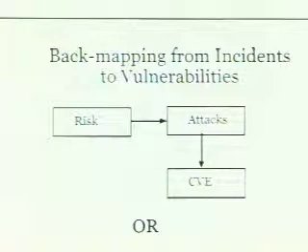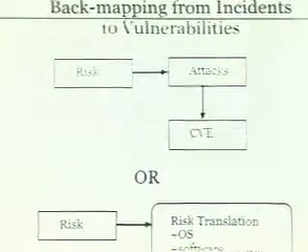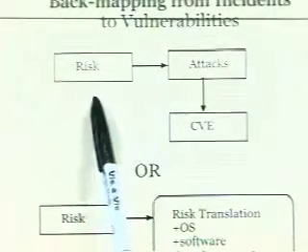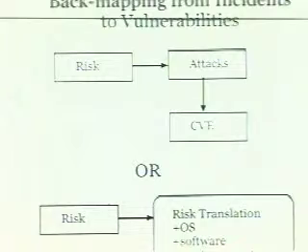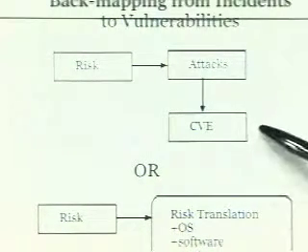Okay, so you've got an incident and you've worked out what happened a little bit during the incident, and you want to find out what was the vulnerability that was used, to plug it, to close the hole. So there are two ways that you can do it with this incident response database. The first one is, if you know the risk, then you can query the database for the types of attacks, and from the types of attacks, you can get CVE entries.